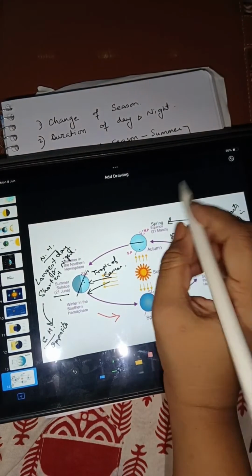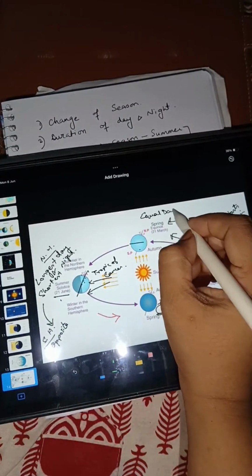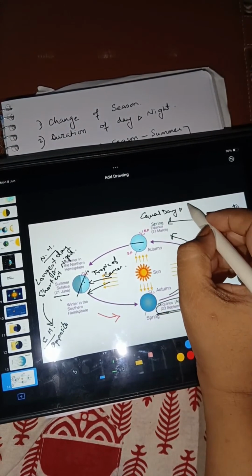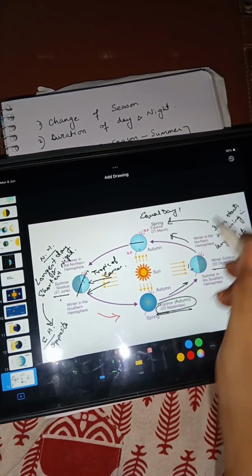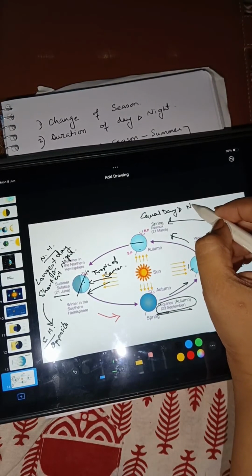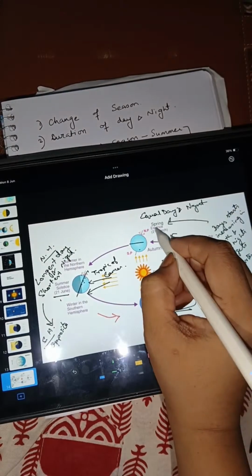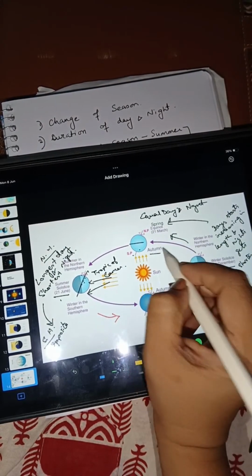And ultimately here we get equal day and equal night, and we call it spring equinox. It is spring in the northern hemisphere, and in the southern hemisphere it is autumn.